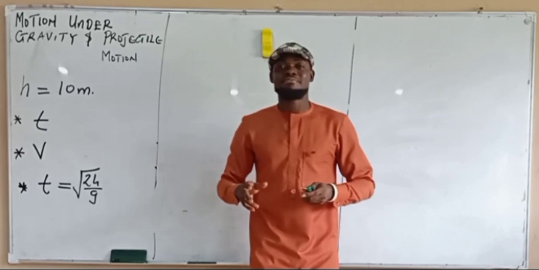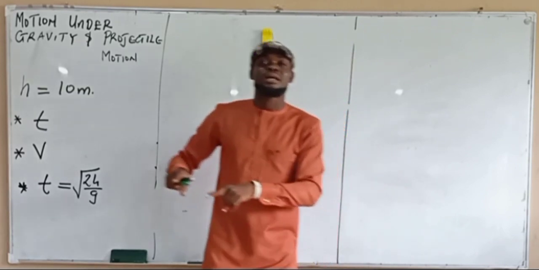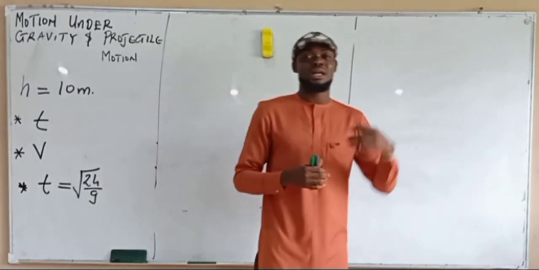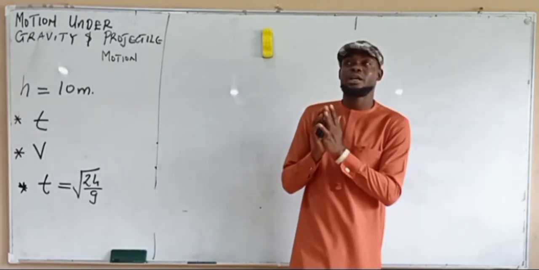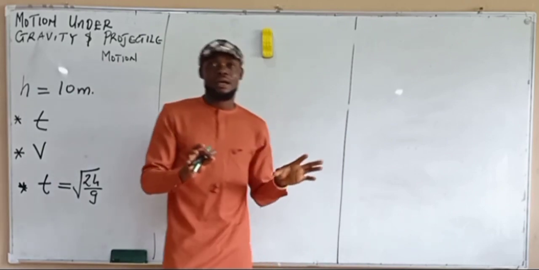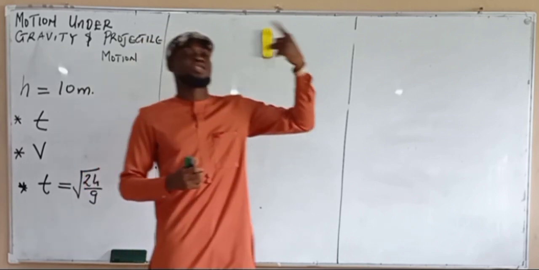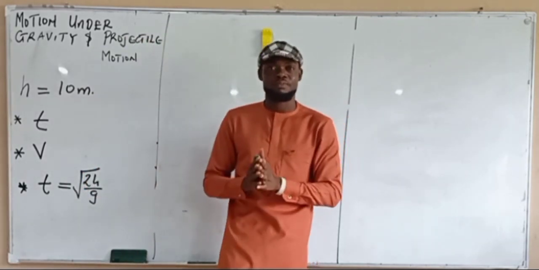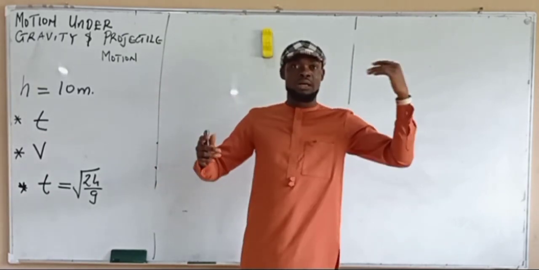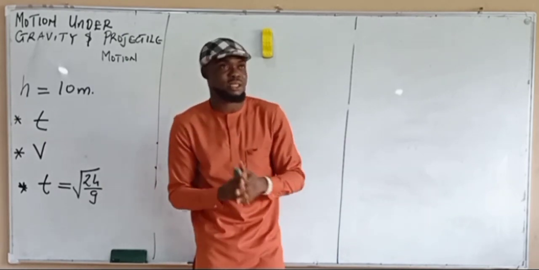So even though the mass of the stone is higher than the mass of the feather, which gives us an idea about the weight of the feather and the stone, because the higher the mass, the higher the weight will be. Weight is a product of both mass and acceleration due to gravity. You multiply them to have your weight.